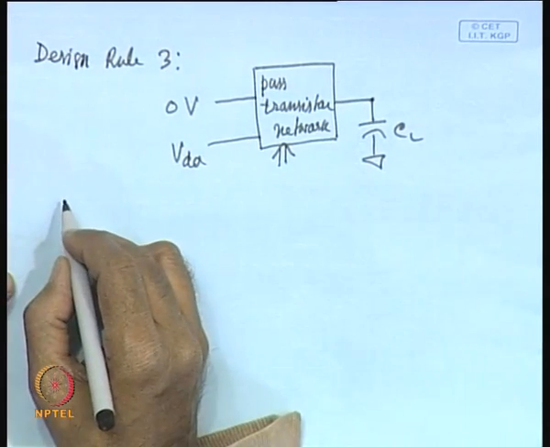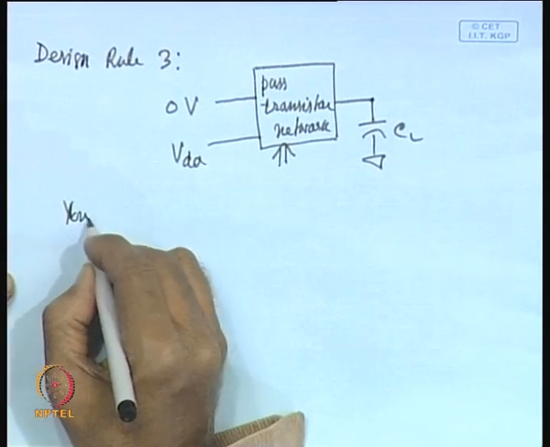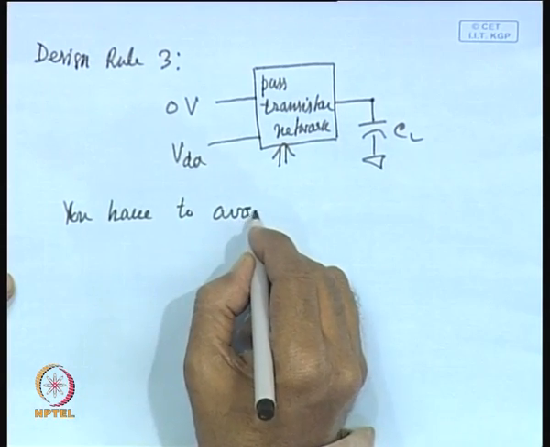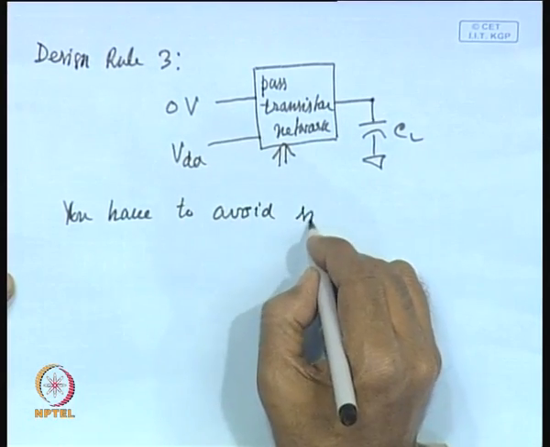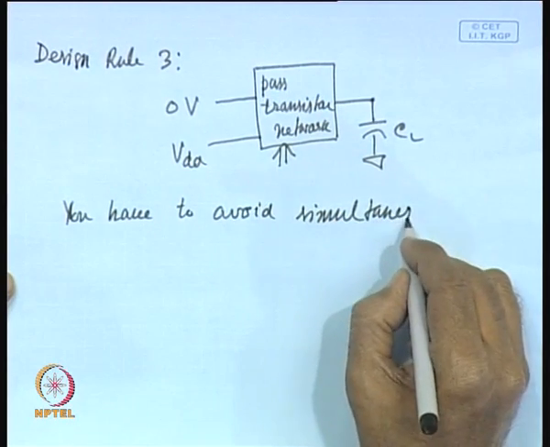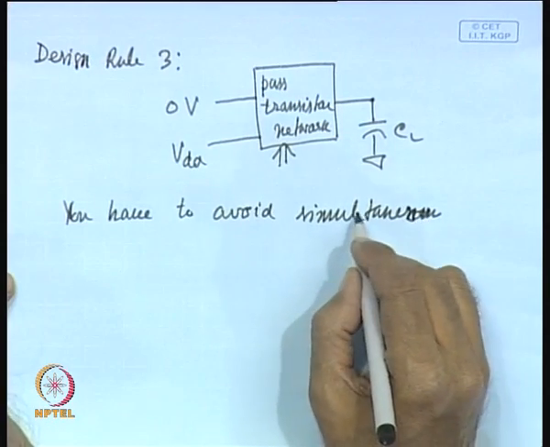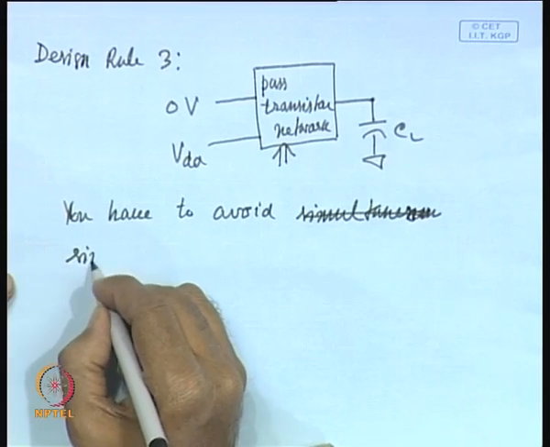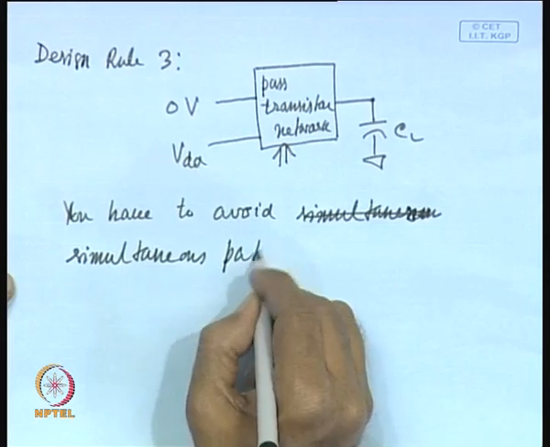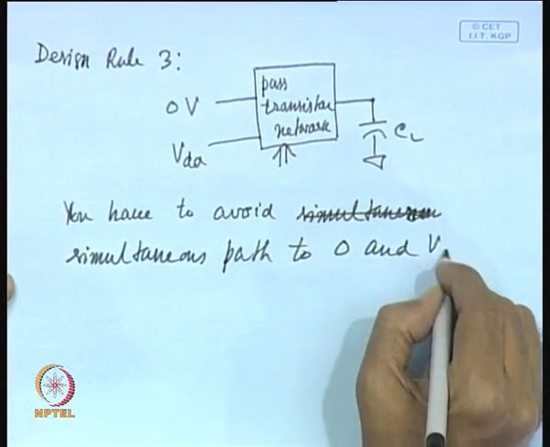So, what is your design rule 3? You have to avoid simultaneous path to 0 and VDD.